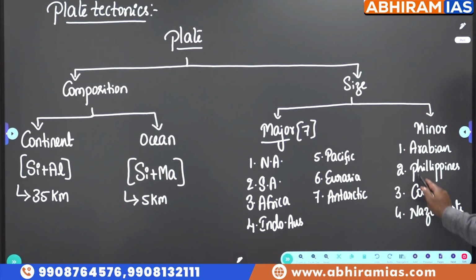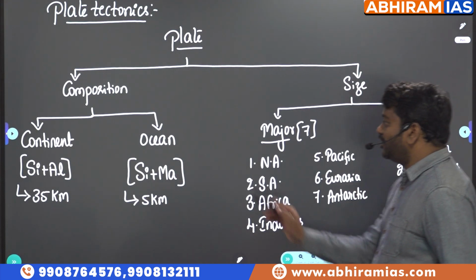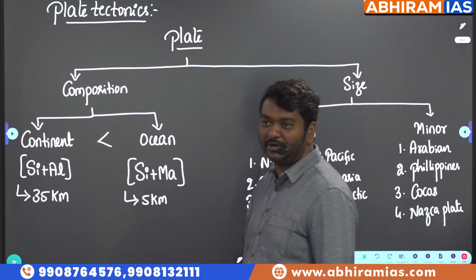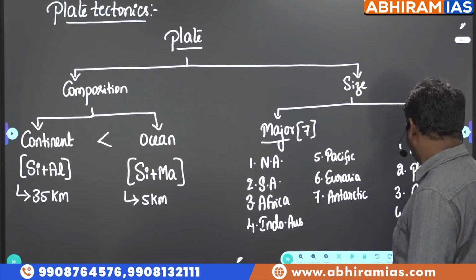There are many. The 7 major you try to remember. This continent and ocean. Can we say ocean is denser compared to continent? Okay, ocean is denser compared to continent.